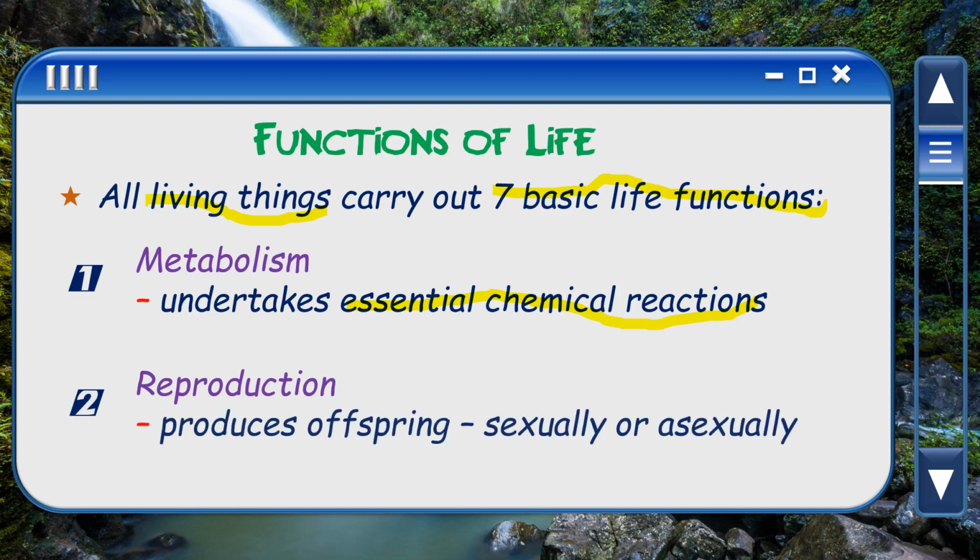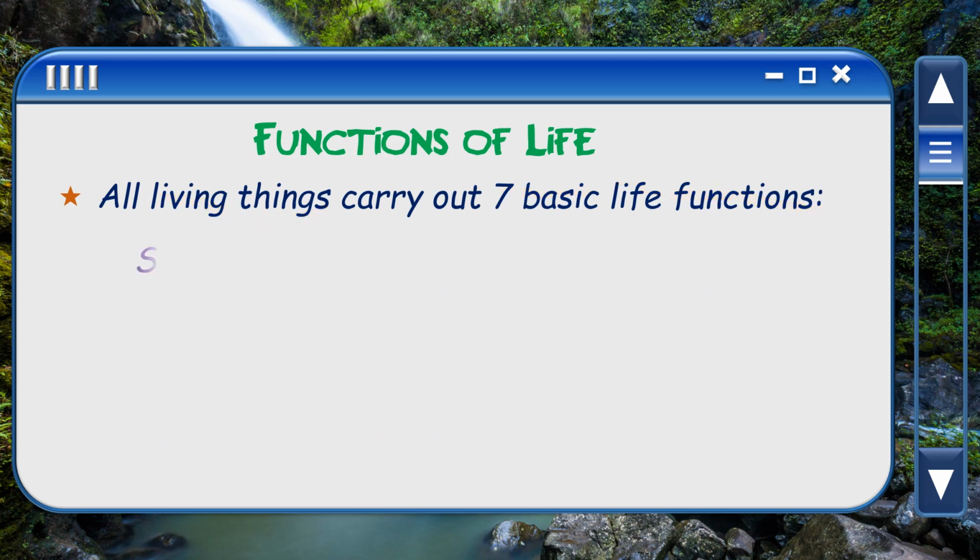This one produces offsprings. They can be sexual or asexual. Sexual is use of gametes, and asexual, there is no use of gametes. Those are basic life functions.